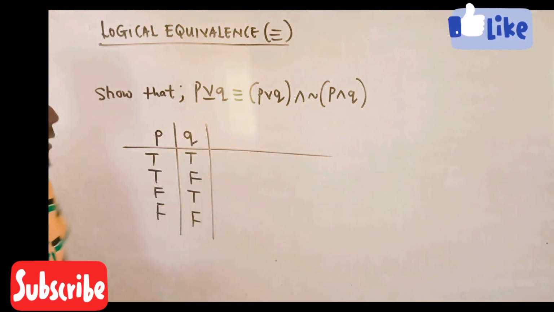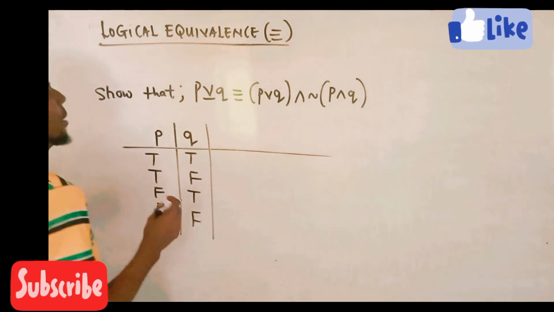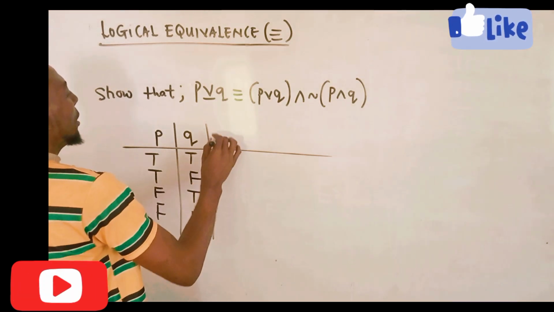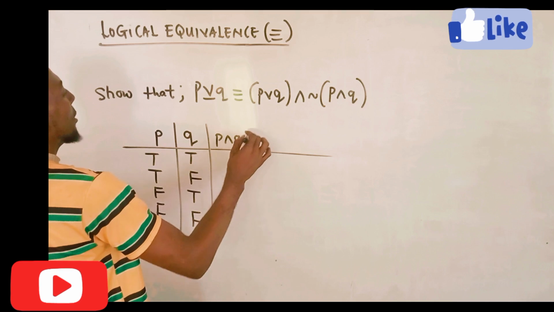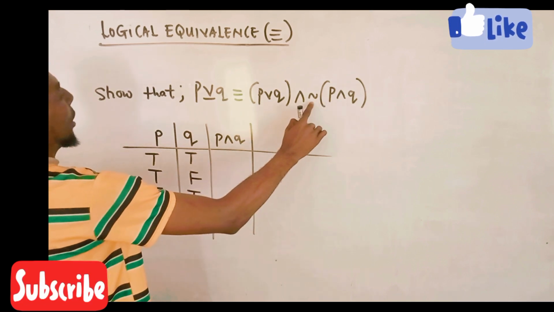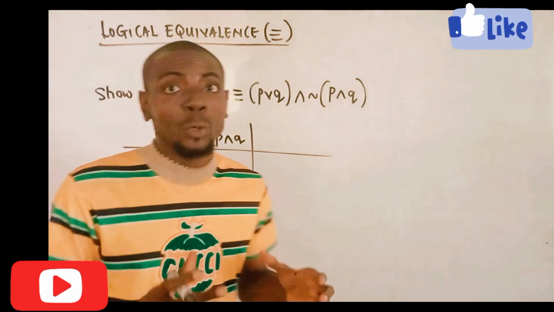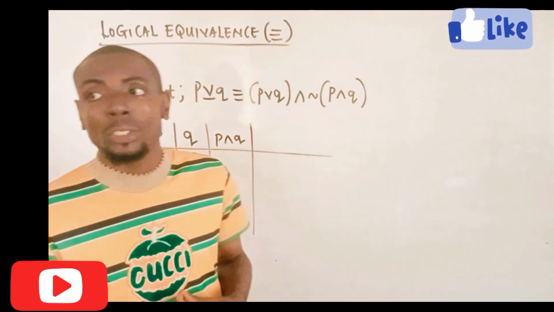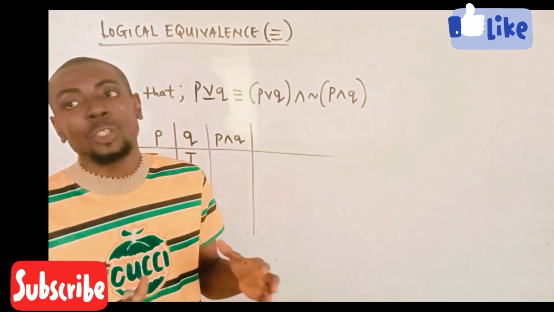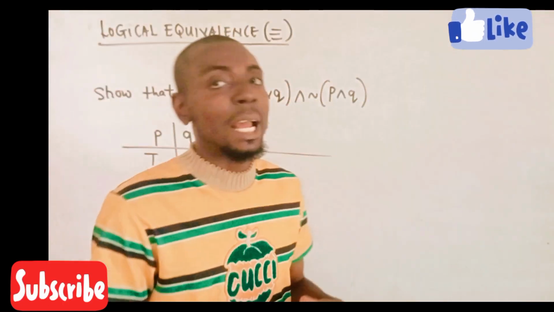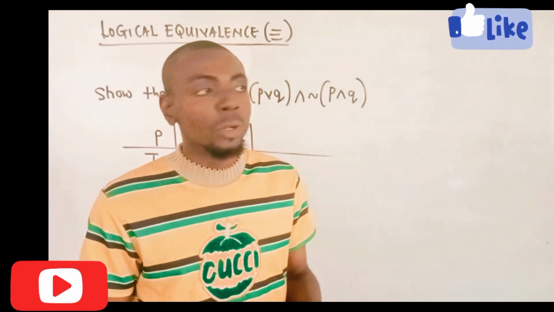Then the first thing I am going to talk about is the one having negation. The first thing is the one inside the bracket that contains negation. Always try to deal with the ones containing negation first if you want to get your answers accurately without any error.